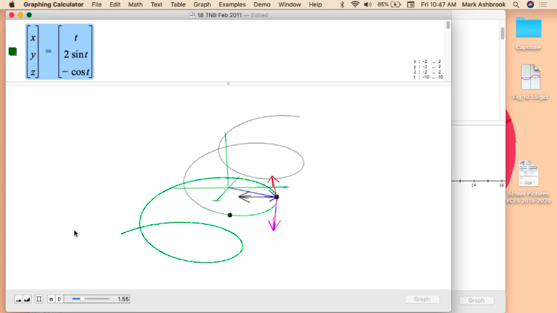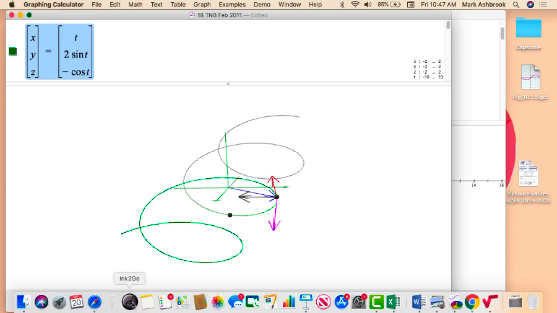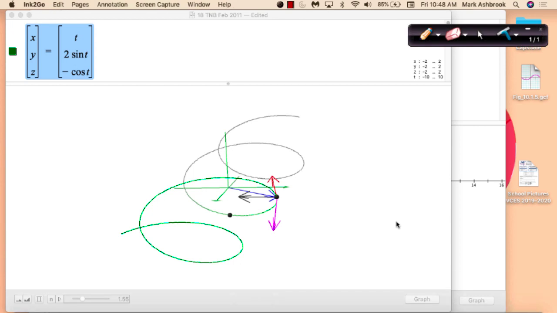Okay, so where's my pen? See how you do. This is now t equals pi over 2. Can you find all 4 vectors?